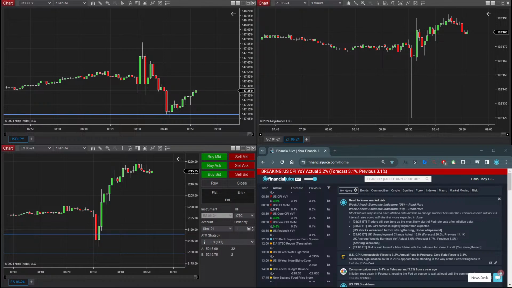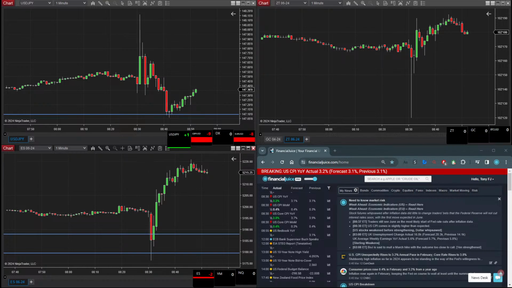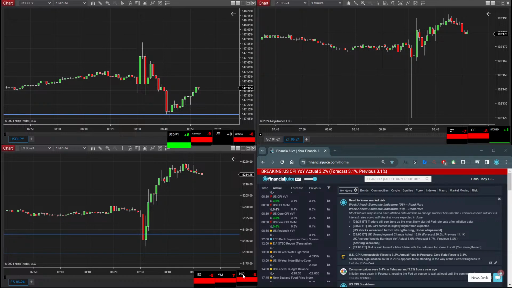With TICKSTRIKE, let me just bring that back up. What it allows you to do is show you how strong the buying or selling momentum is within a certain asset, whether that be in forex, crypto, stocks, futures, with your internals, or your ETFs or ETNs.